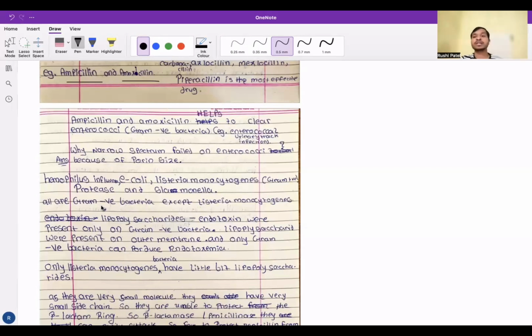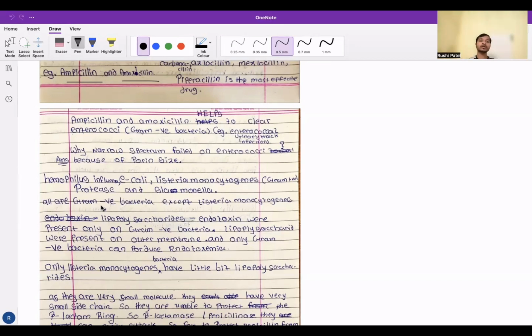The gram-negative bacteria on which ampicillin and amoxicillin work are Haemophilus influenzae, E. coli, Listeria monocytogenes, Proteus, and Salmonella. Listeria monocytogenes is the only gram-positive bacteria that has an outer membrane, an exception, and it has the smaller diameter of 4 inch, so it came into the smart penicillin.